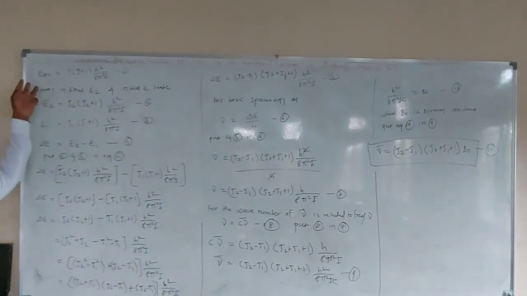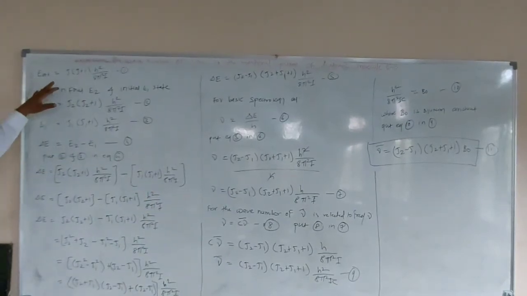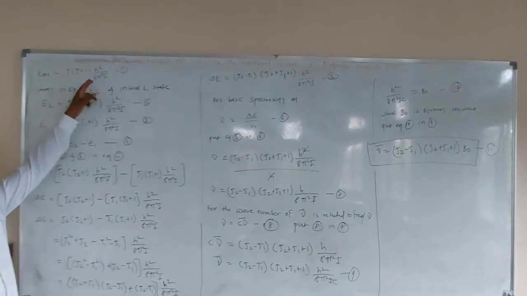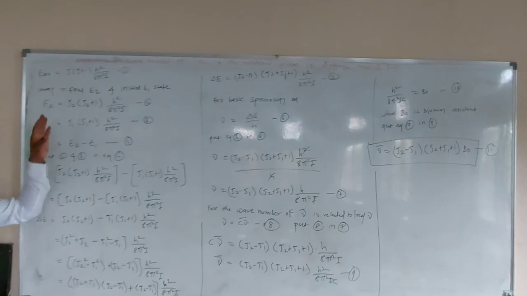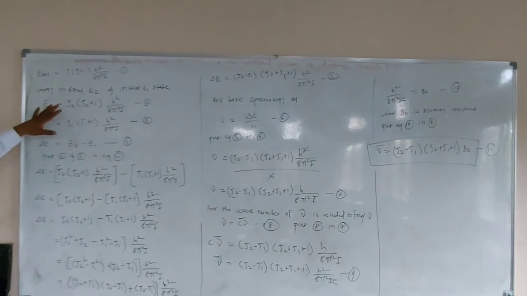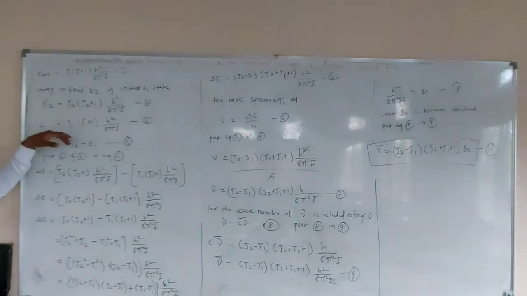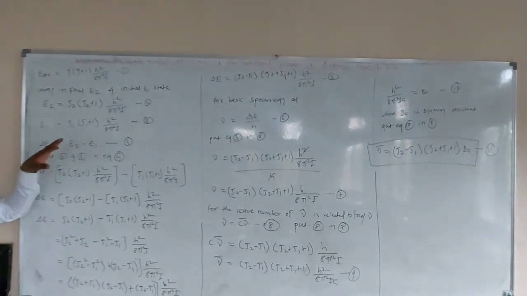Simply we can start. First we know the equation of energy of rotation, that is J into J plus 1 into h square upon 8 pi square I. This equation can be put in initial and final state. For final state we take E2, and for initial state we take E1. Now delta E is the difference between final state and initial state.